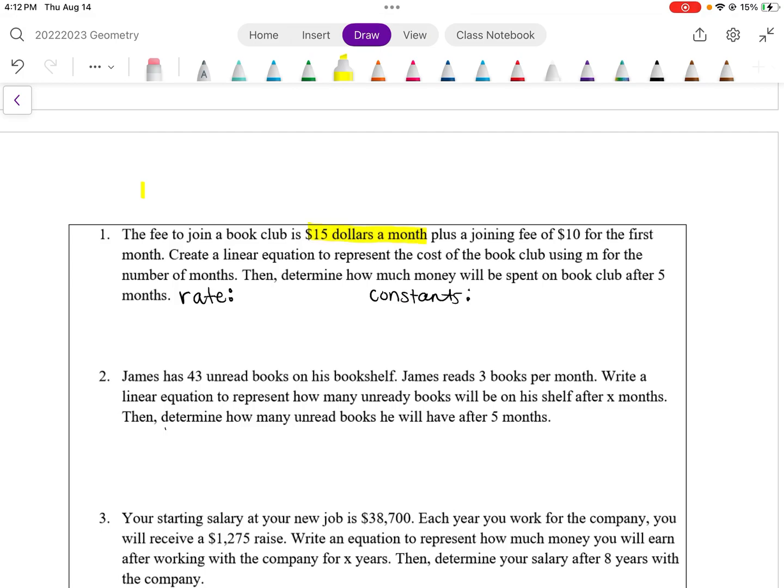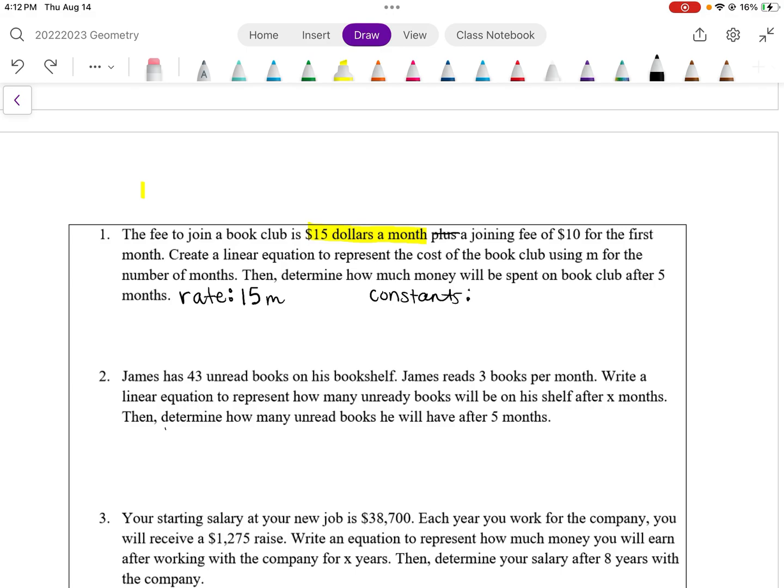The fee to join a book club is $15 a month. That is a rate because it's going to go up depending on how many months I'm in book club. So $15 a month. And it's not wanting us to use X, it's wanting us to use M for the number of months. So 15 times M, 15 times the number of months is our rate.